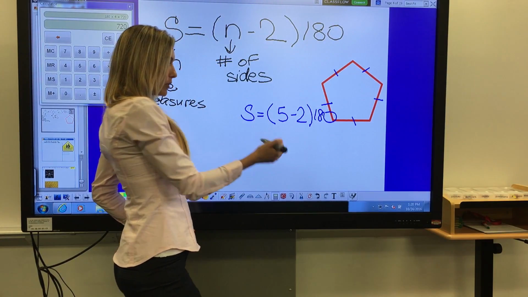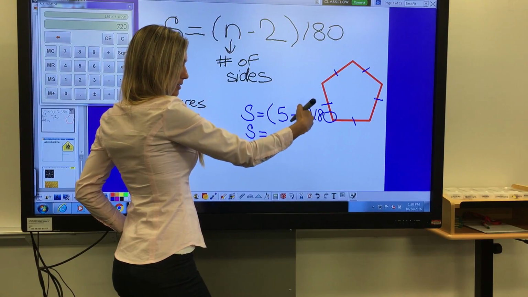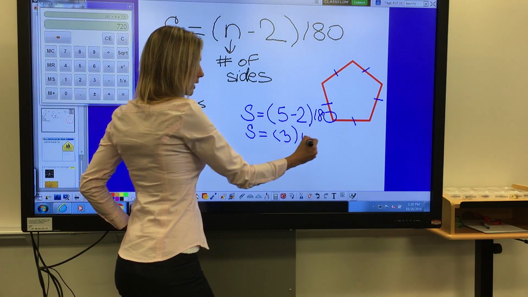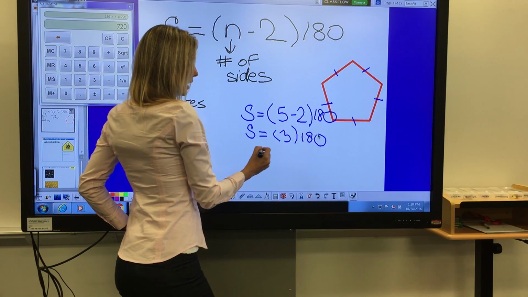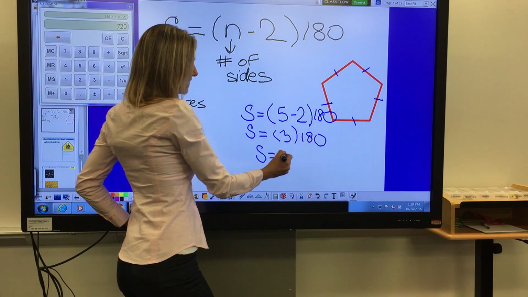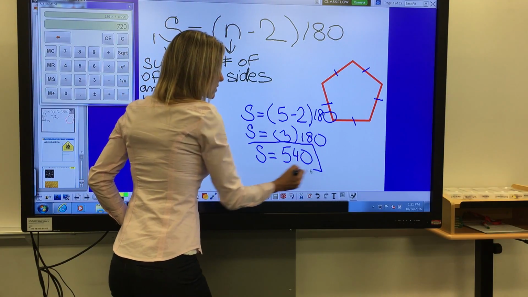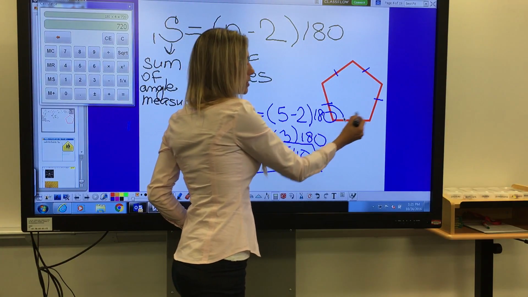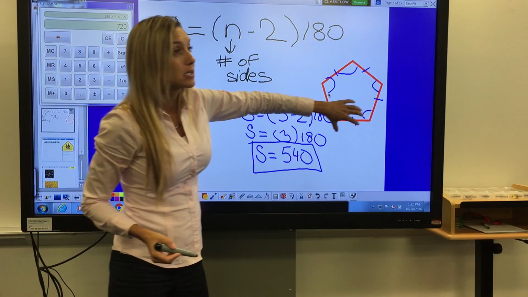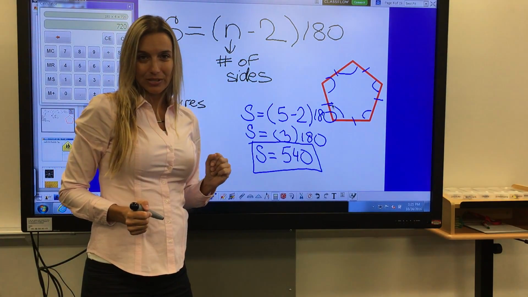Following my order of operations, I know I'm supposed to take care of my parentheses. 5 minus 2 is 3, times 180. If you use your calculator, you will figure out that 3 times 180 is indeed 540 degrees. So the sum of all the angle measures is equal to 540 degrees.